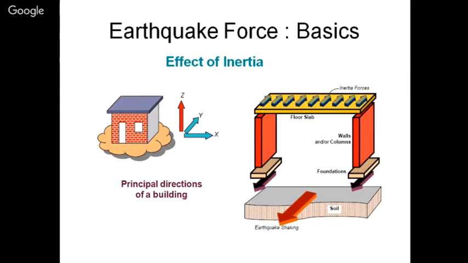It is the same case with this figure: your ground starts moving but your slab is at rest. So the motion of the slab and the ground level is different, and that is directly proportional to the inertia force developed due to the slab mass, with half the mass above the floor slab level and half below.